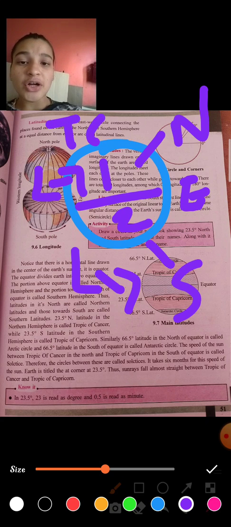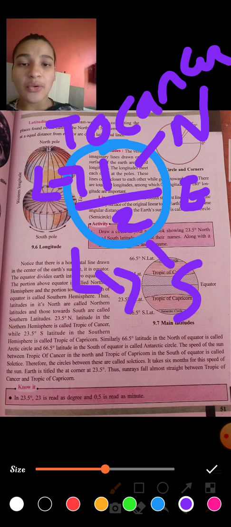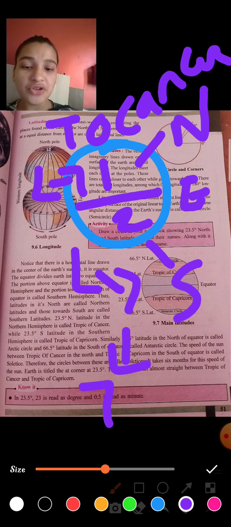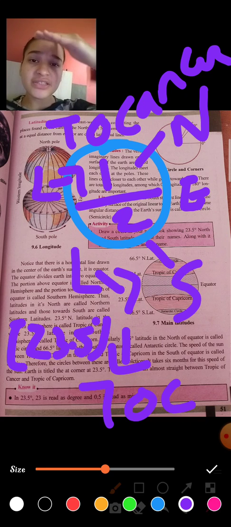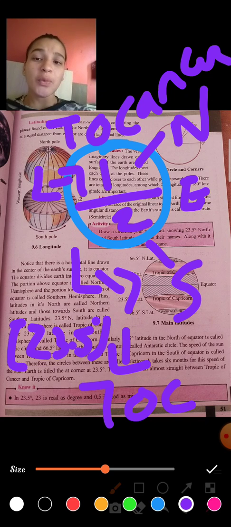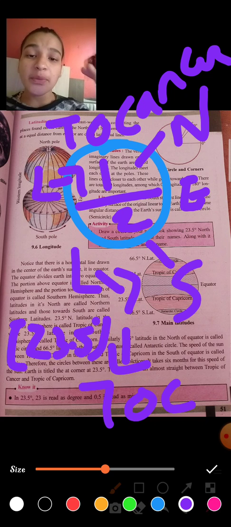This part is called the Tropic of Cancer, and this part is known as the Tropic of Capricorn, and it is at 23.5 degrees. Okay, this much you understand. Above is the Tropic of Cancer, downward is the Tropic of Capricorn, and in between, the line that divides the earth into two equal parts is known as the equator.